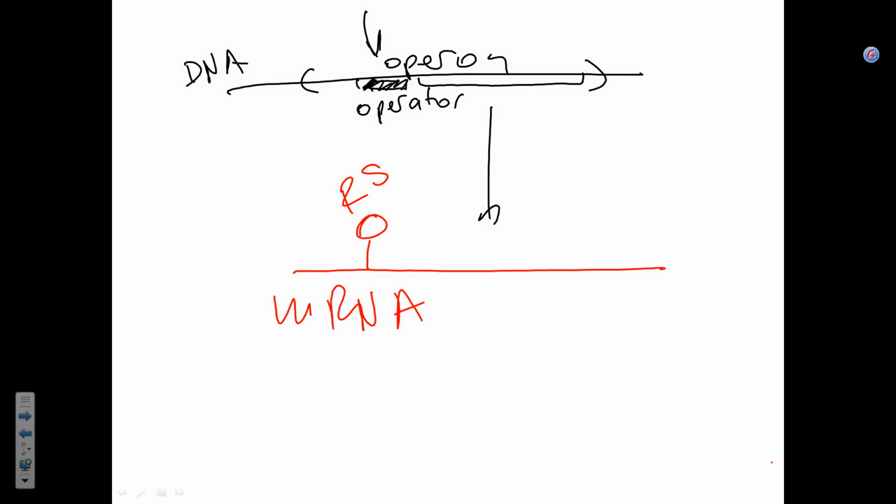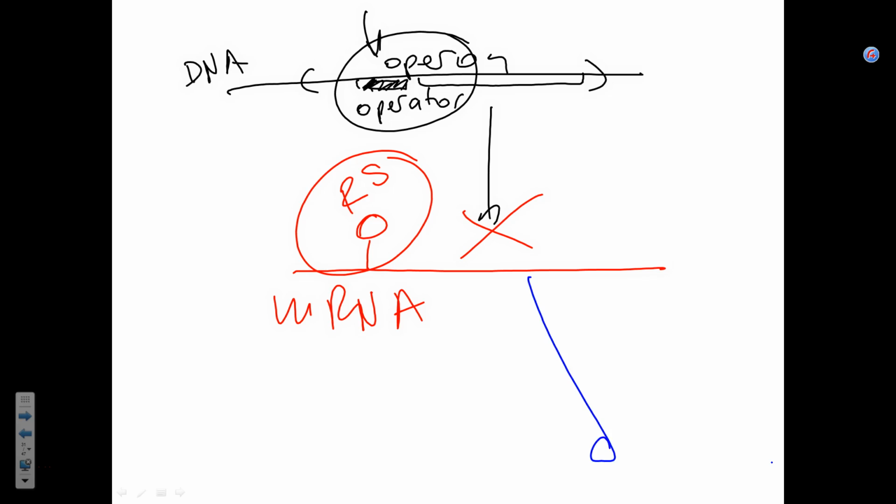Now, riboswitch adds another level of control to the transcription, because although the operator may let transcription go, riboswitch adds another level of control. It can either shut down the transcription or prevent translation from happening.